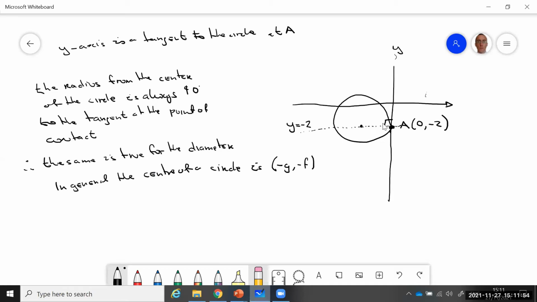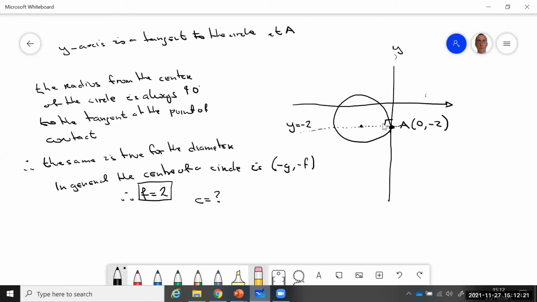So therefore f equals 2, because if the y-coordinate of the center of the circle is -2, therefore f is 2. Okay, so we just put a box around that. So now the question is, what is c? As he said, prove that c is 4.